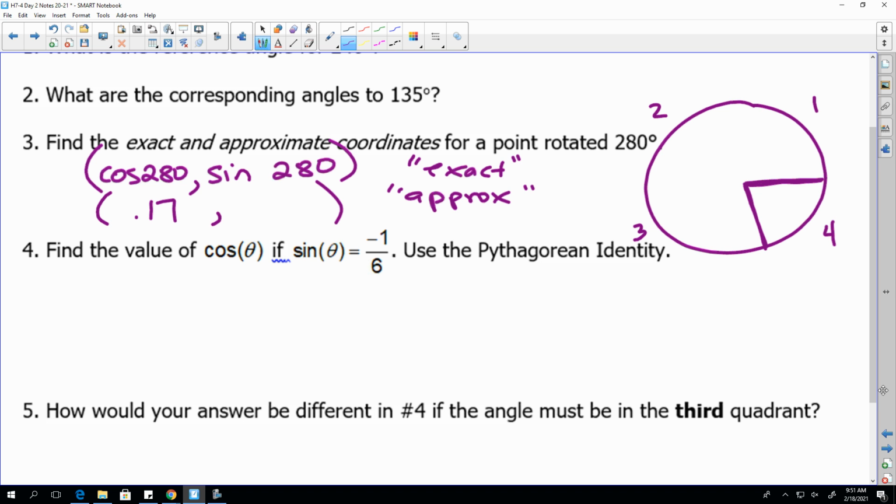And sine of 280, Joe? Why not put in degrees? I want to make sure you're in degrees. Okay, let's check. Sine of 280. Yep. Negative 0.985. Okay, that's fine.